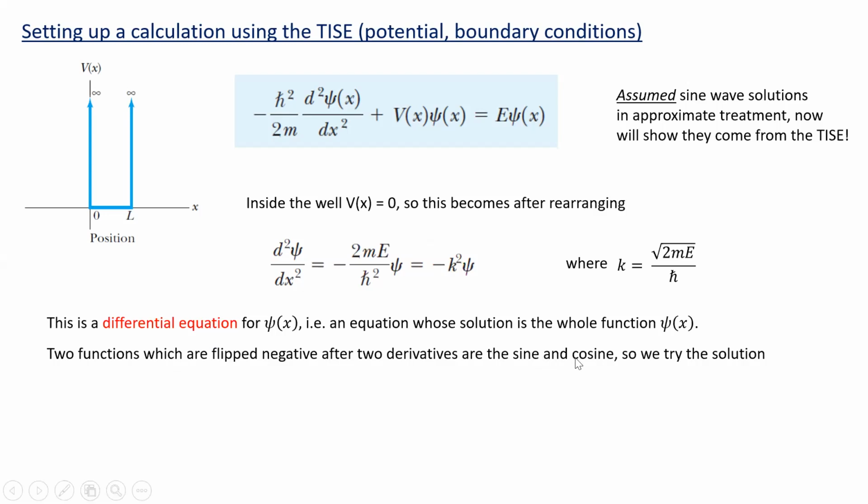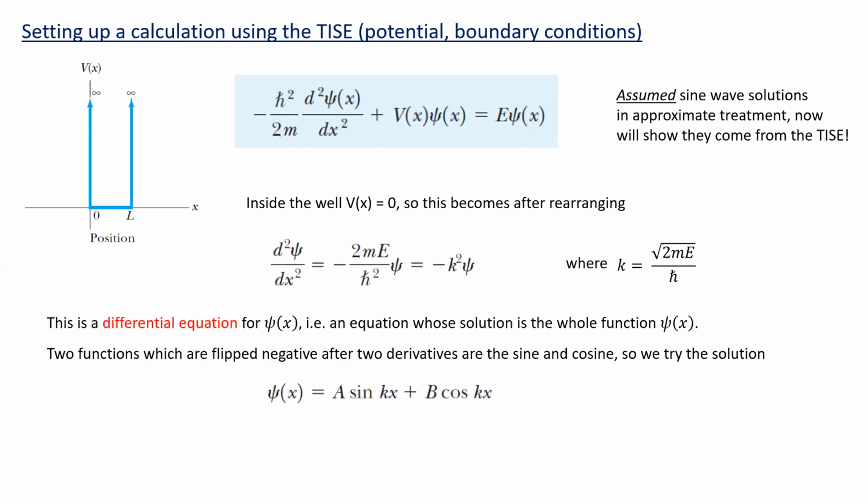If cosine, the derivative is minus sine, and you take the derivative of minus sine, you get minus cosine. So again, the second derivative of cosine is minus cosine. So that's promising because we have here the second derivative of the function is supposed to be minus the function times some constant k squared.